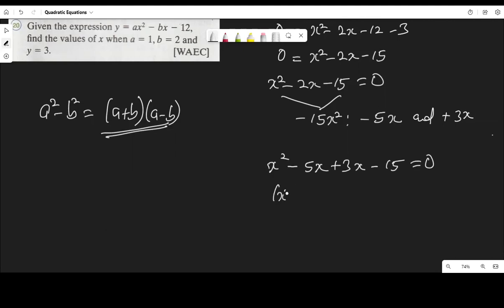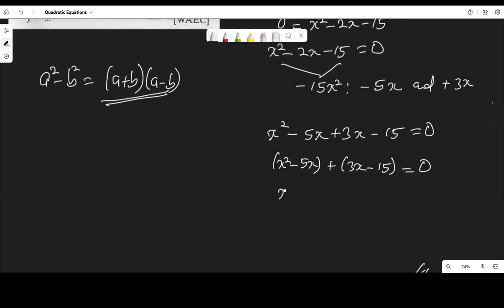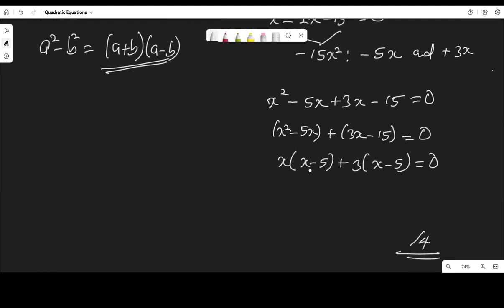If we group these two by two, 5x and 3x minus 15 equal to 0. What is common here? x is common. x minus 5. And in this, 3 is common. That is a number that divides both of them. 15 divided by 3 is 5. 3x divided by 3 is x, equal to 0. We have a common factor x minus 5.